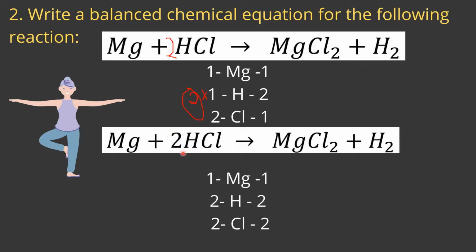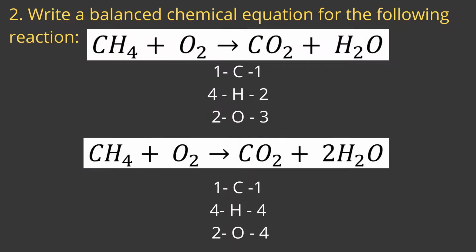Remember, this 2 is for both the hydrogen and the chlorine, so it's 2 chlorine. Even on this side, Cl2 means the chlorine bonded to a chlorine, so it's also 2 chlorine atoms. So if you check, our equation is actually balanced. So this one was a bit more straightforward than the one that we did previously, right? Hope that makes sense. Now let us look at another example.